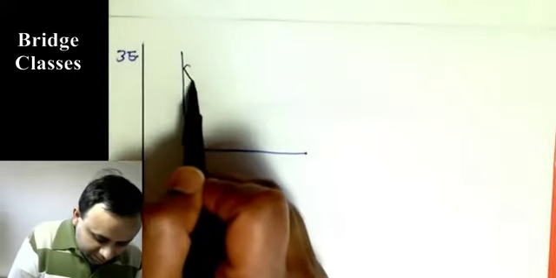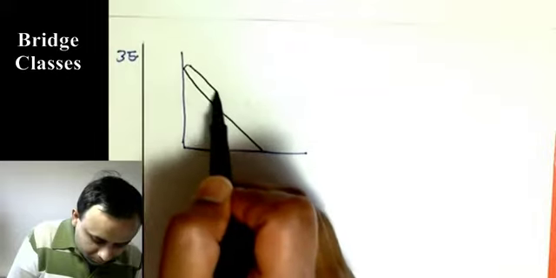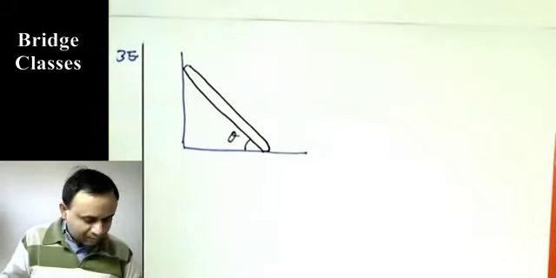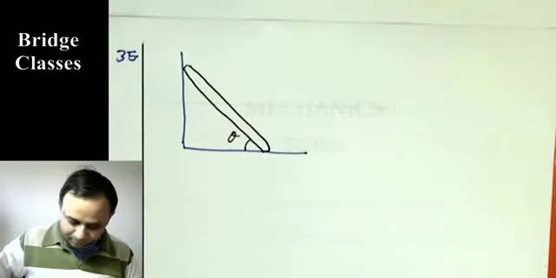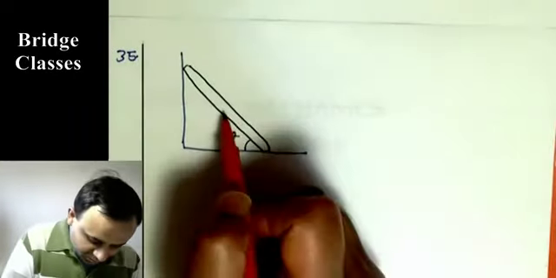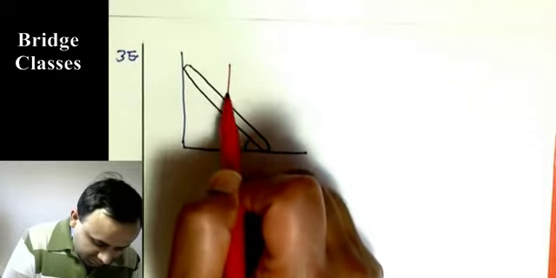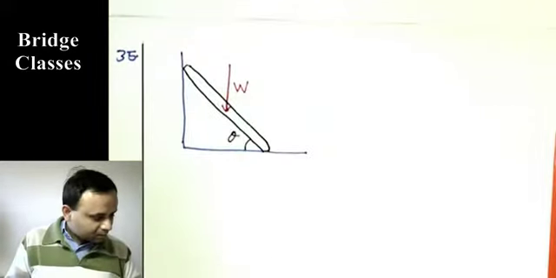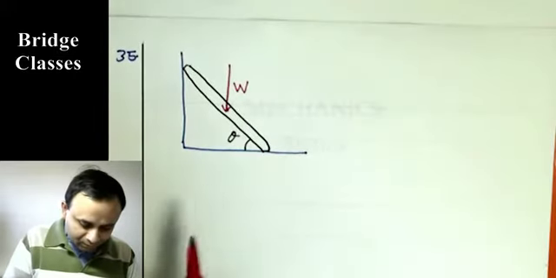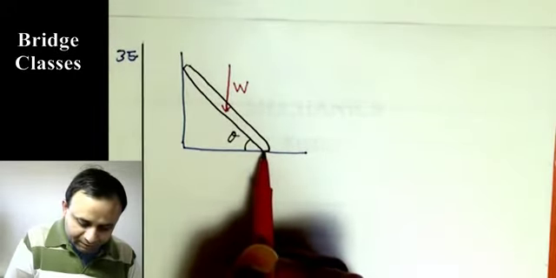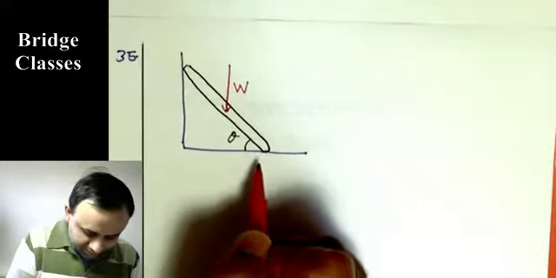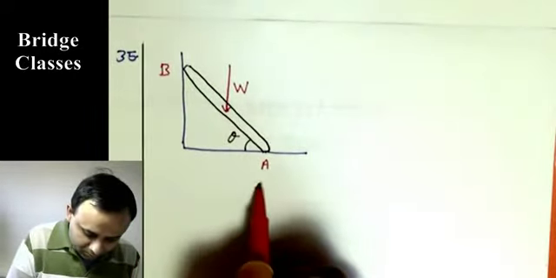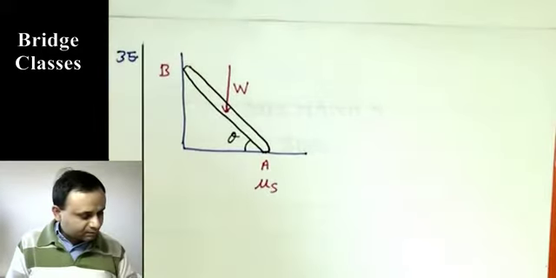In this problem there is a ladder at angle theta, and its weight W acts at the center of gravity, where its location is given. We are given the coefficient of static friction at these locations A and B, mu s.